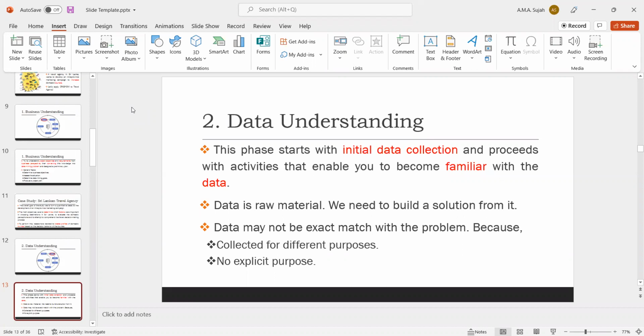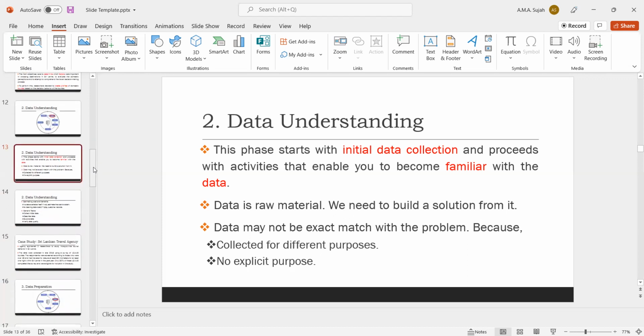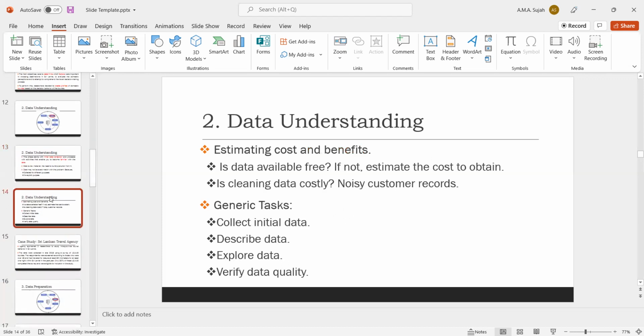So data understanding, in the sense that you check each and everything. Sometimes you must pay for the data sets. It also happens. So whenever you are developing a project, you must allocate some cost for that as well.